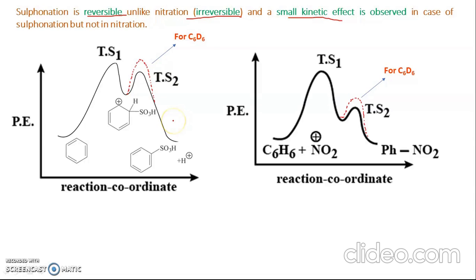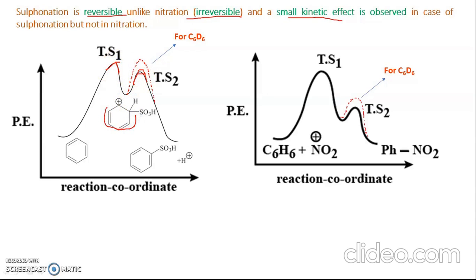If you look at the transition states, the first one is for sulfonation, the second one is for nitration. Look at the two transition states of sulfonation, the first and the second: the two heights are very close to each other, right? So this is our sigma complex.